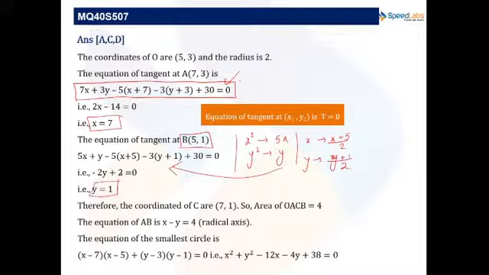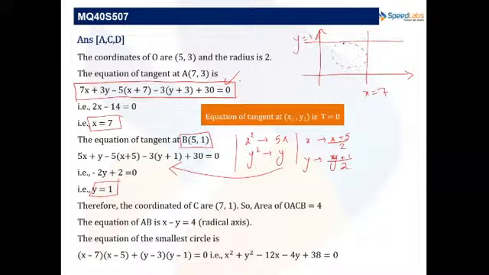So we can see these two tangents. We have this circle with center (5, 3), one tangent at x equals 7, and the other tangent y equals 1.